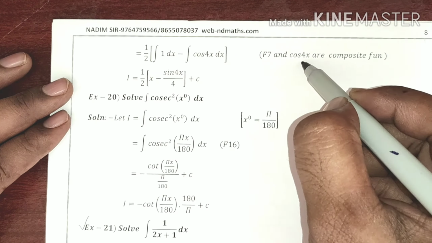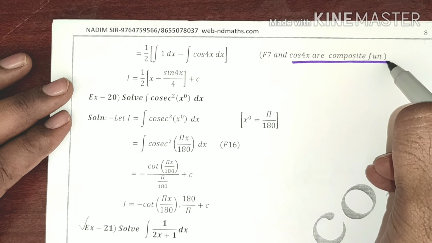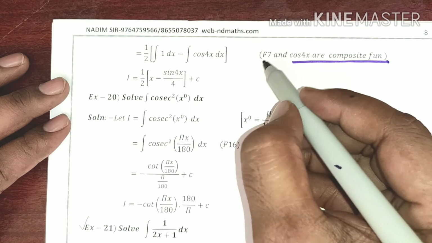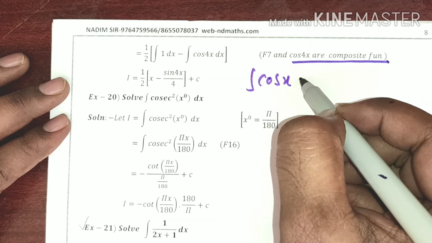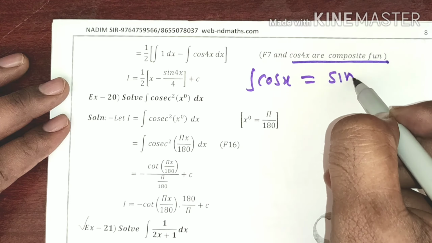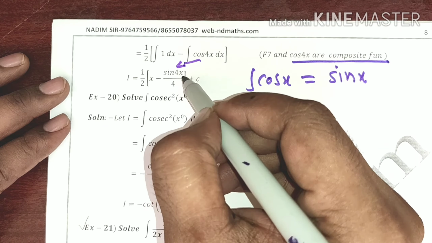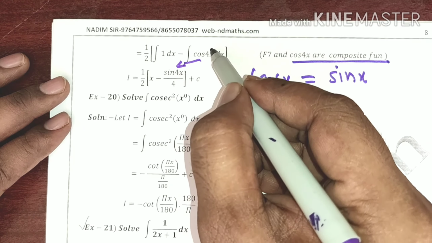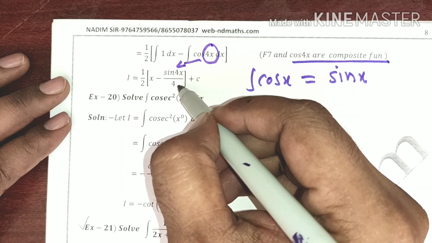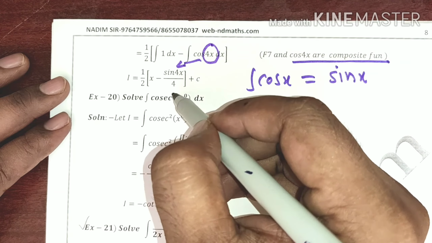But cos 4x is a composite function. We know that integration of cos x is only sin x, but here it is cos 4x. That's why we take sin 4x. But we take again the derivative of 4x in the denominator because of the composite function.